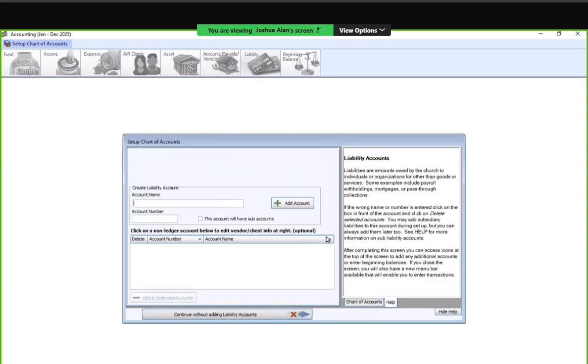So if I click yes, I can now say, okay, 941 taxes payable account. Now it's doing 20,100, say 22,100. Okay, add account. State taxes payable. Just examples of other liabilities.